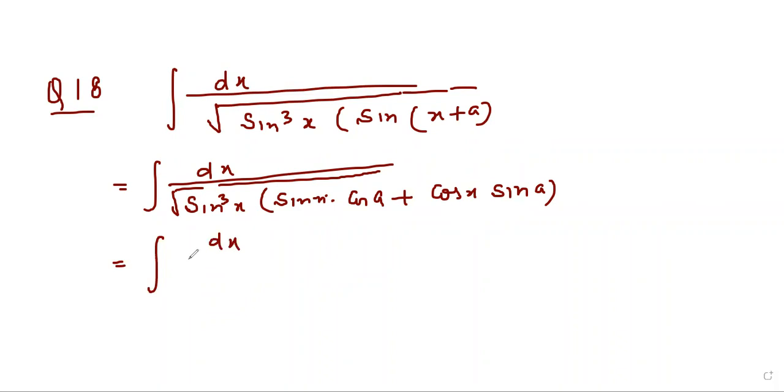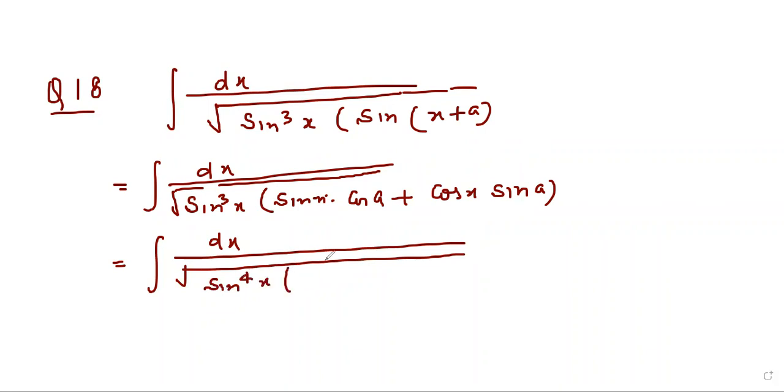Integration dx divided by root of sine power 4 x. Then here cos a will be left, and here this will become cot x times sine a. Now this will become outside square root sine square x, and 1 upon sine square x will become cosec square x.